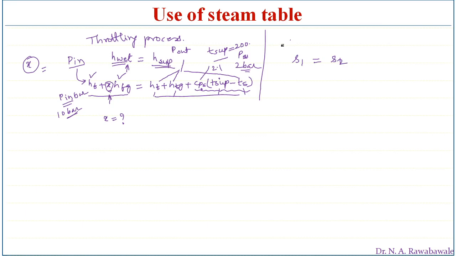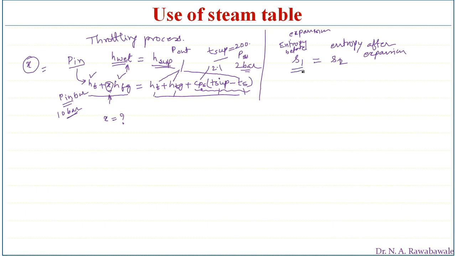So this is entropy before expansion or compression, and this is entropy after expansion. So quality of steam in the expansion process is going to decrease.